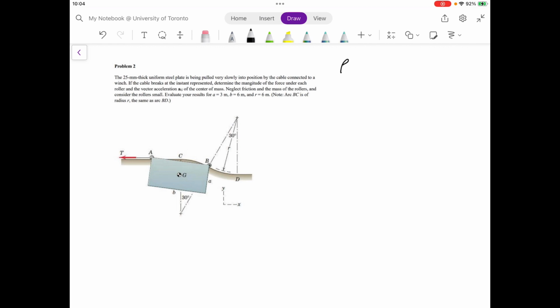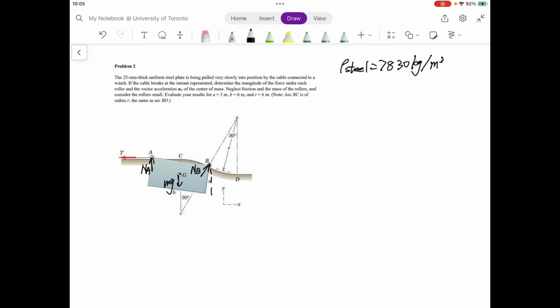First, we know that density of the steel is equal to 7830 kilograms per cubic meter. And the plate has reaction forces MB and NA, and also the gravity, which is mg.